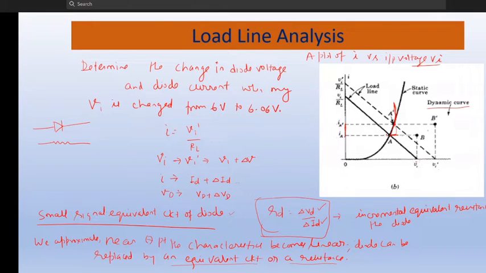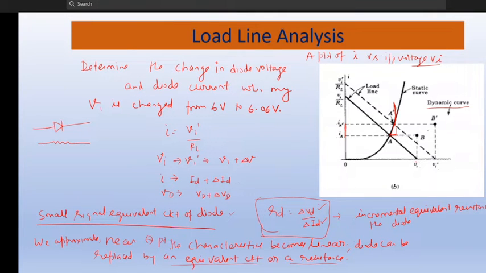In this case, the resistance will be the dynamic resistance, because there is a change in the input voltage, the diode voltage, and the diode current. So this is called the incremental equivalent resistance of the diode.